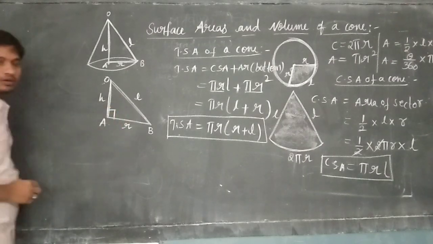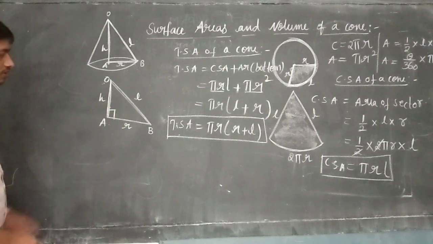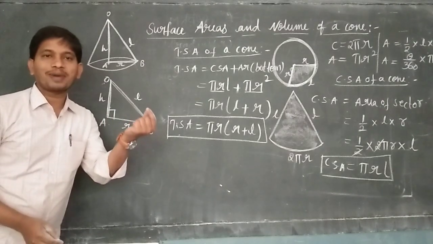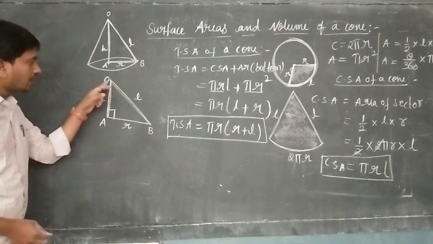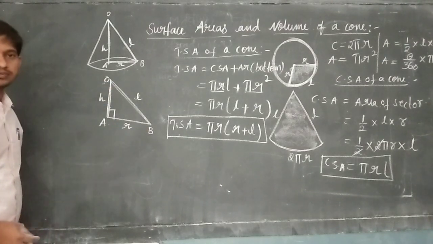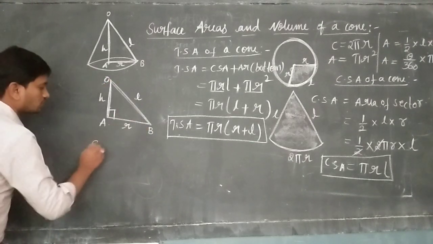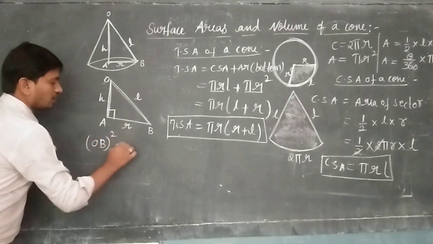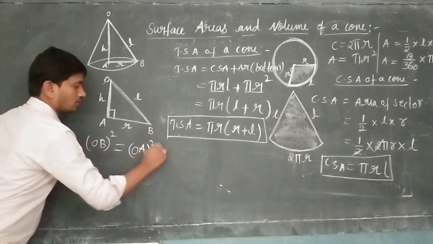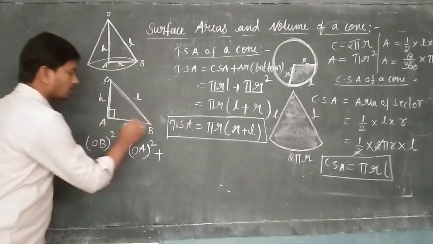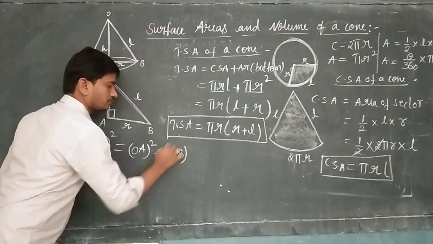Here you can observe it makes an angle of 90 degrees. Now by using Pythagoras theorem, square of hypotenuse OB square equals OA square plus AB square.